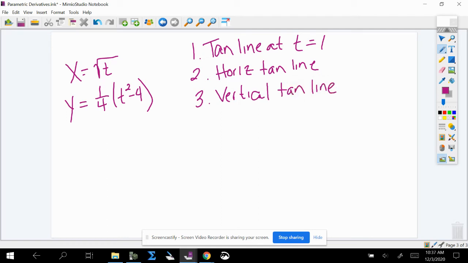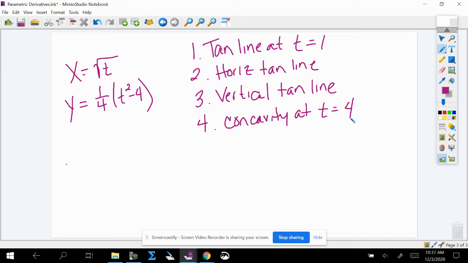I'm also going to talk about concavity with this one. I've got a lot of questions, although they all kind of go together. Let's do the concavity at 4. So we're going to find the tangent line at 1, the concavity at 4, and when it has a horizontal and a vertical tangent line.